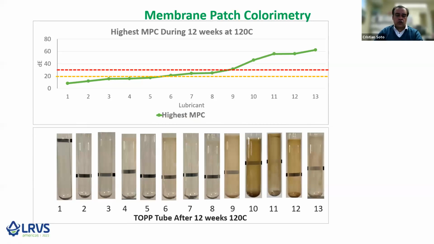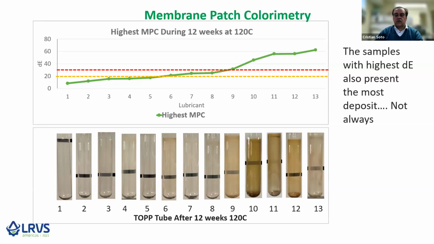So here we compare against what was observed on the test tubes where these tests are conducted. We can see that there is a pretty good correlation that anything over 30 shows a significant number of deposits. However, the relative ranking is not always simple.